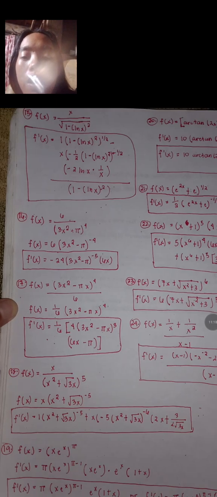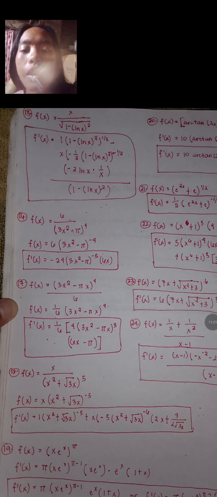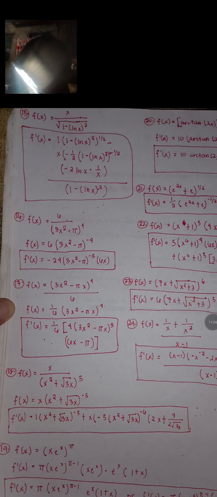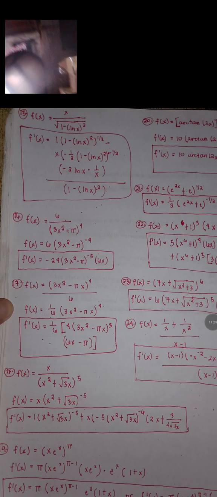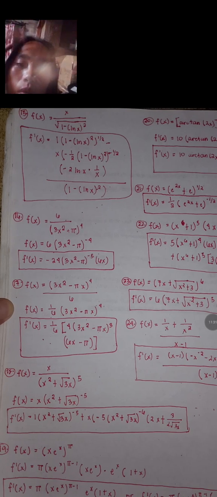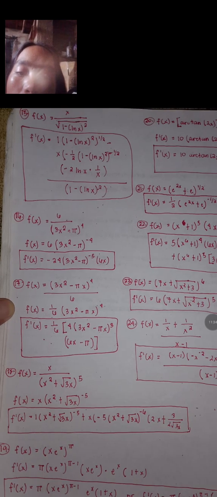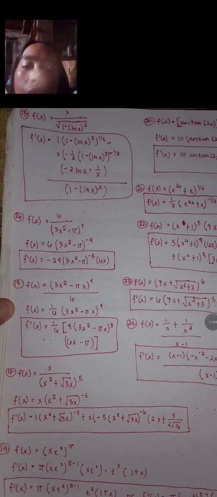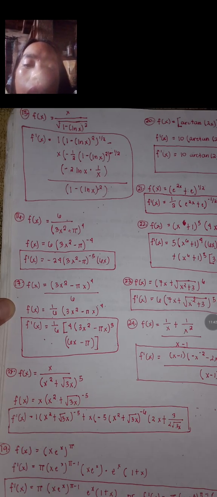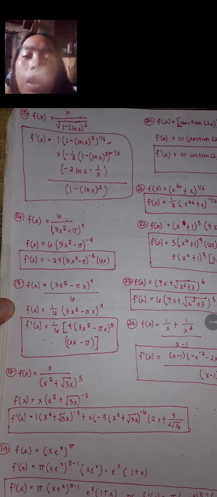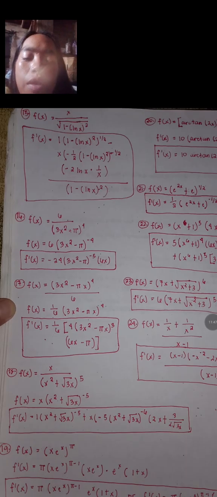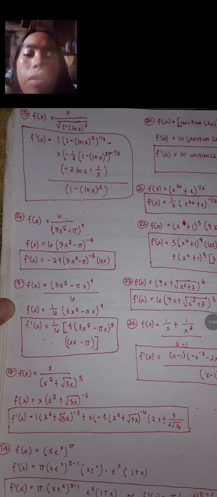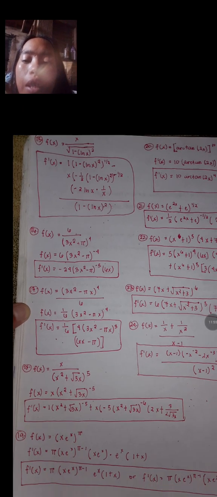So our derivative is f prime of x is equal to 1 times the quantity of 1 minus ln x to the second power and to the power of negative 1/2 times the quantity of negative 2 ln x times 1 over x all over the quantity of 1 minus the quantity of ln x squared. So that is our final answer.